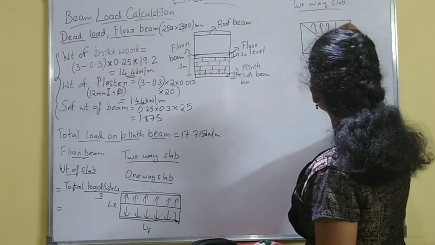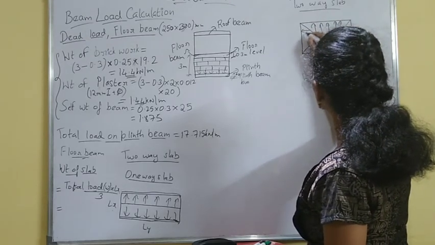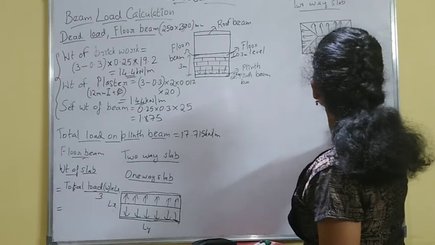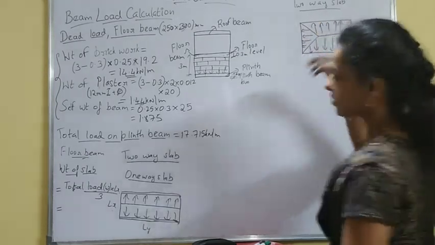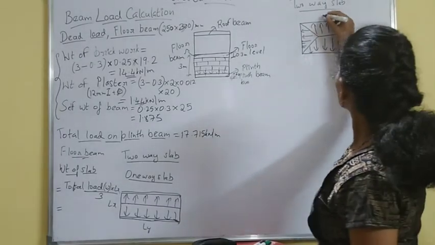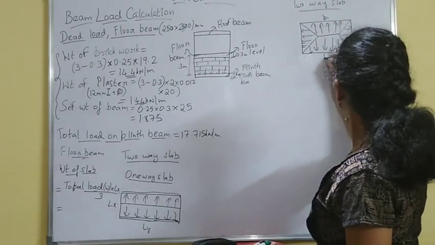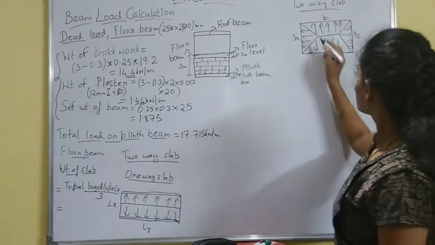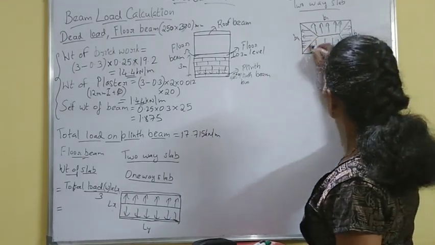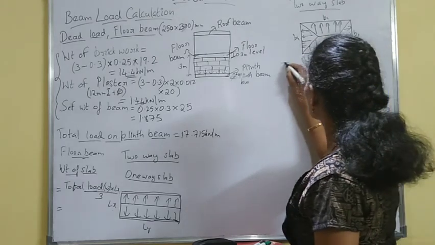Here it will be upward. This is the load distribution. If you have beams on all four sides, B1, B2, B3 and B4, then for this beam, this is a triangular portion.